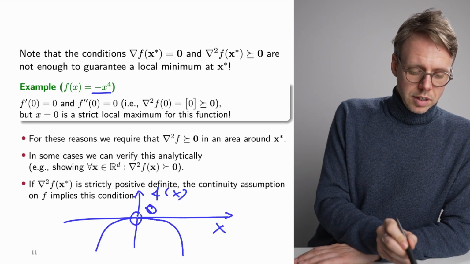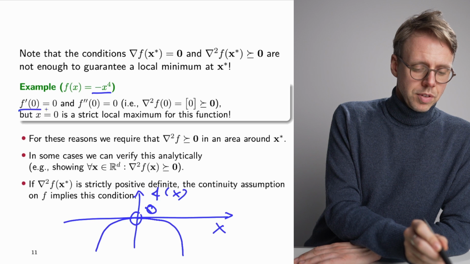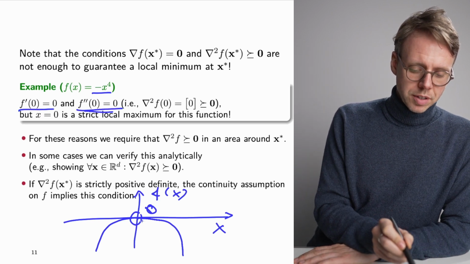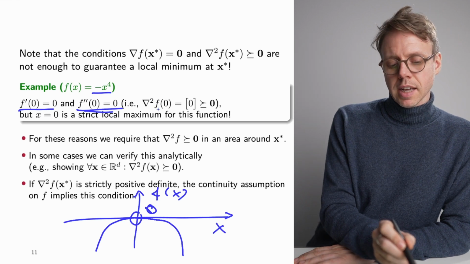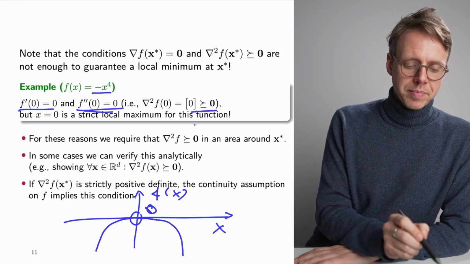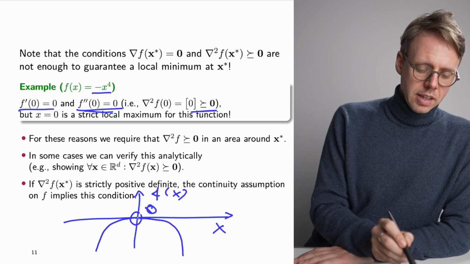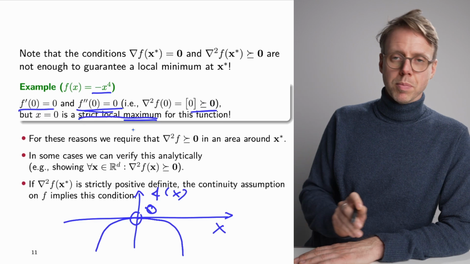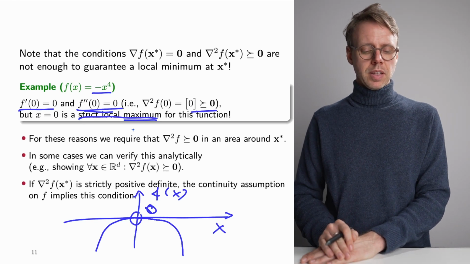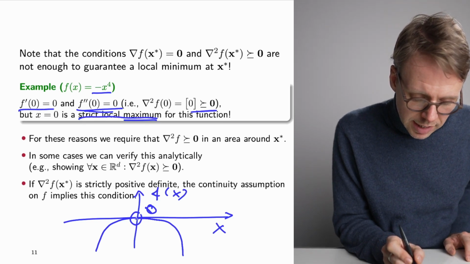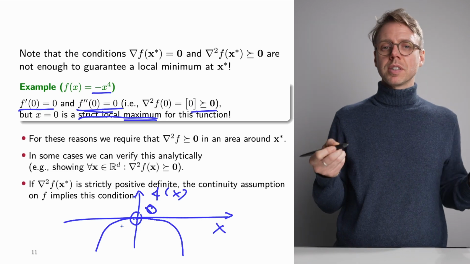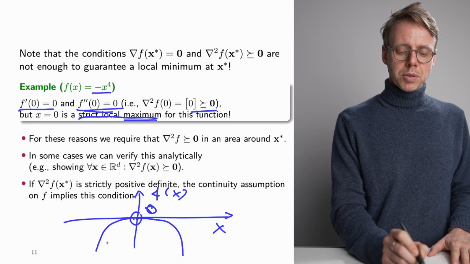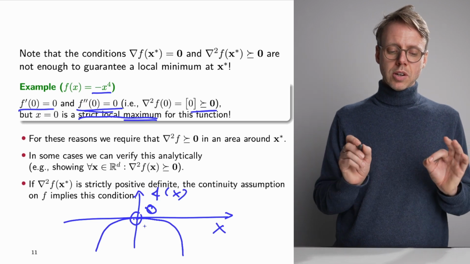Now, the first derivative at 0 is equal to 0, and the second derivative is also equal to 0, which means that the Hessian matrix is positive semi-definite. However, here we actually have a strict local maximum of the function. So even if we go a tiny bit away from this point 0, the function value will decrease. So we have a strict local maximum.